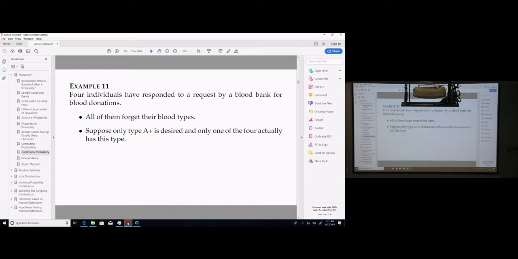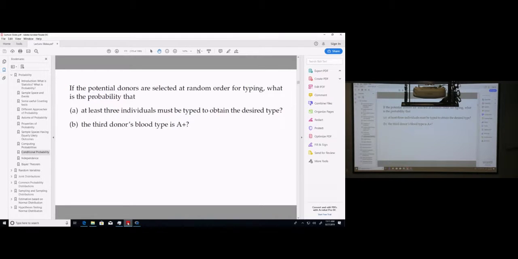So you basically think of 4 cards. 3 cards do not have an A+ on the card, and then there is 1 card with an A+. And so you have to draw the cards one at a time until you get the A+ card. So that might be easier.